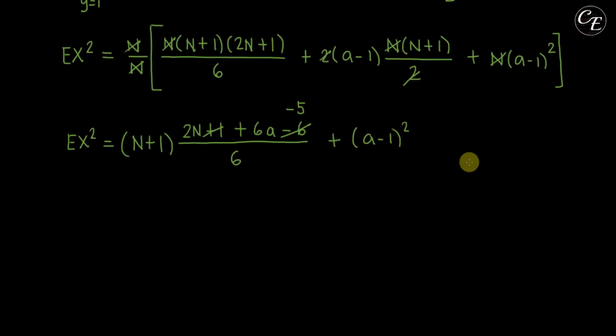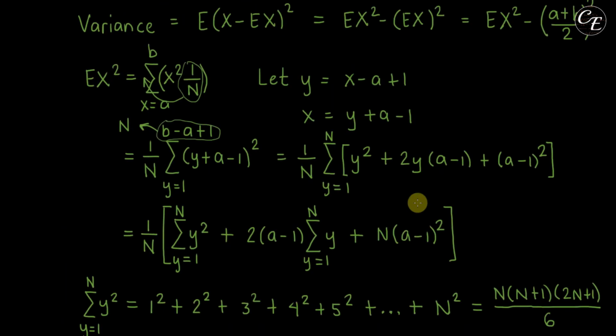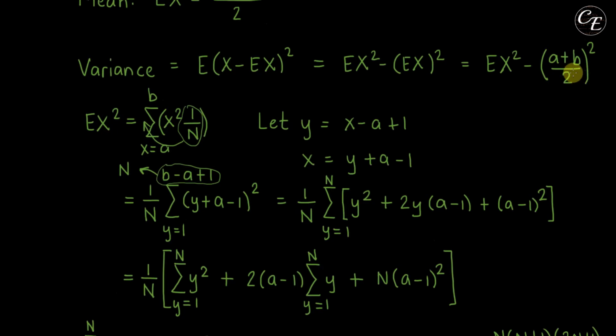So we have here variance is equal to expectation of x squared, which is this, 2n plus 6a minus 5, then over 6, then plus this, then minus square of a plus b over 2.